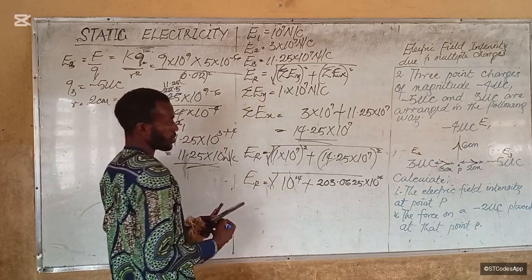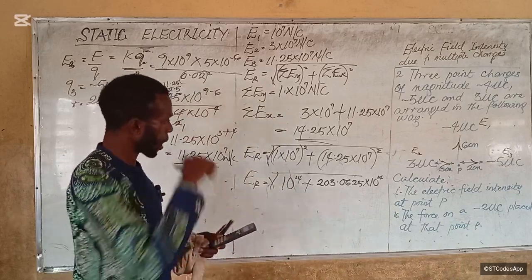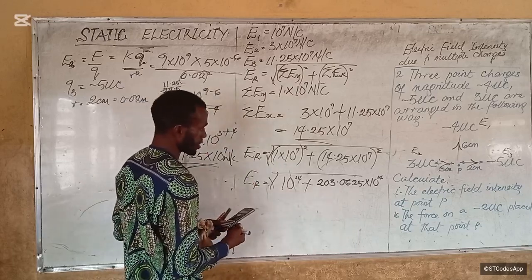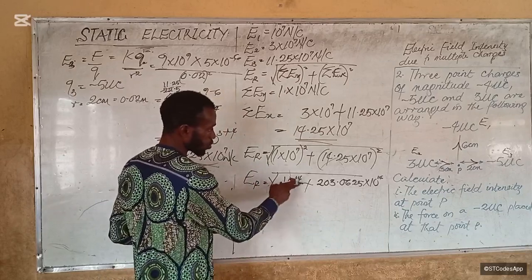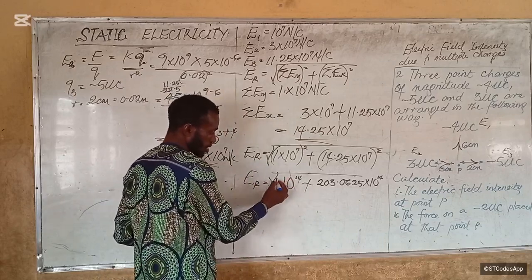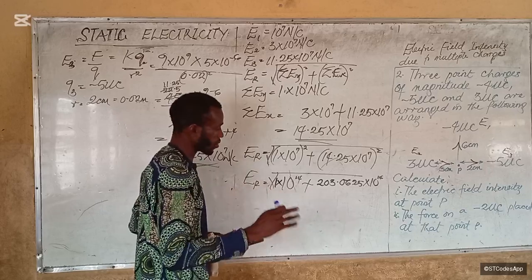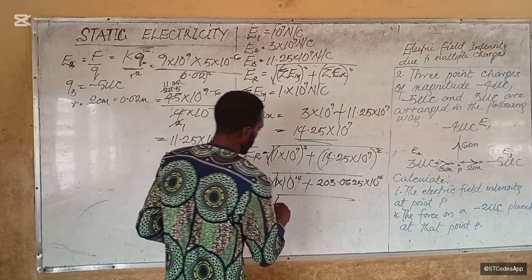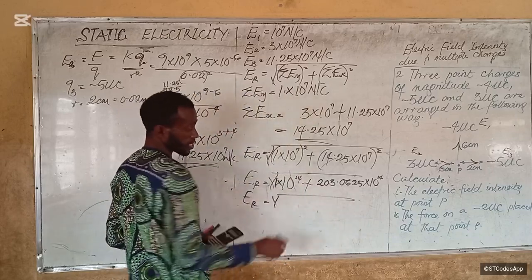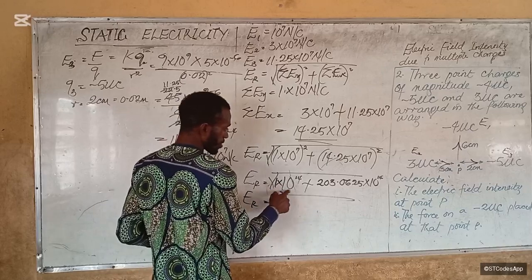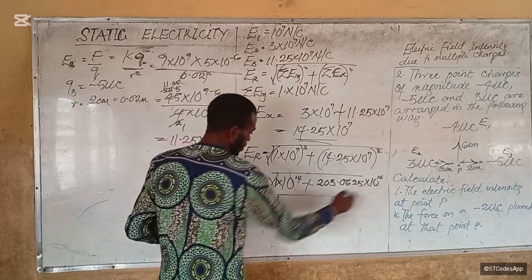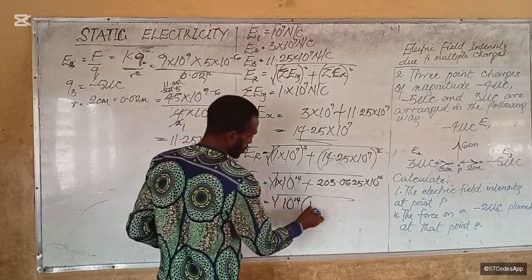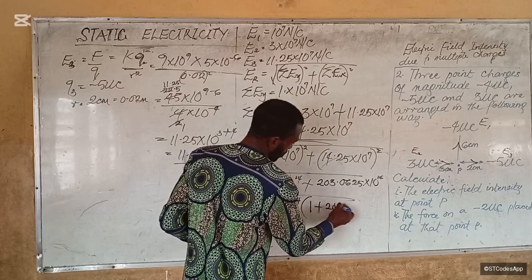Now one thing you could do here is this. After squaring this, then we can say that this guy is 1. This guy was 1 times this. Is that okay? So we can collect like terms and say that E resultant will be equal to the square root of 10 raised to the power 14 times this. 10 raised to the power 14 is common between 1 and 203 point.